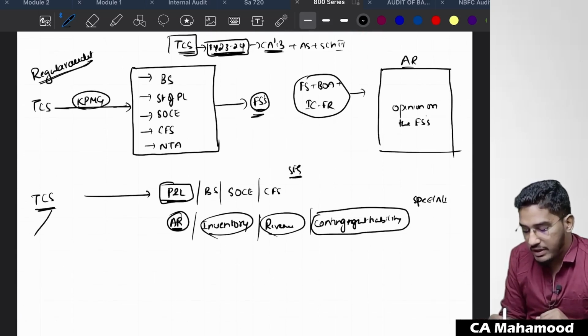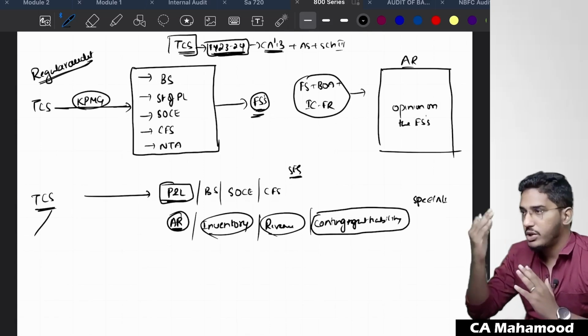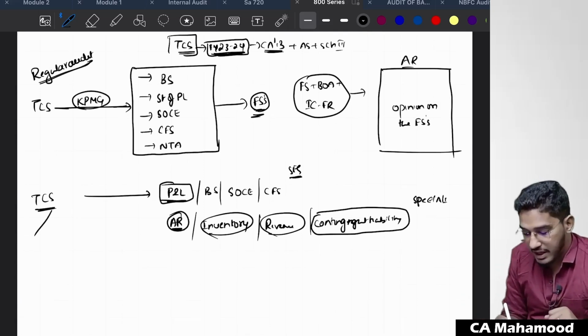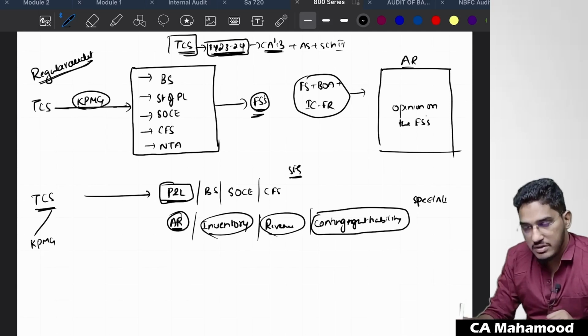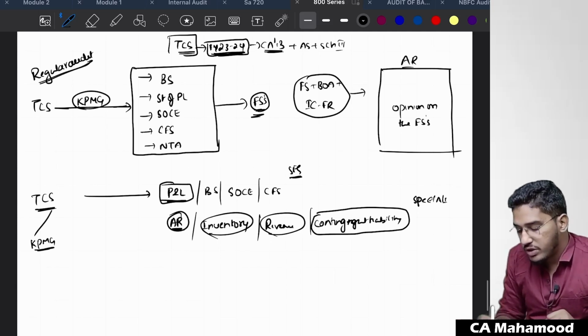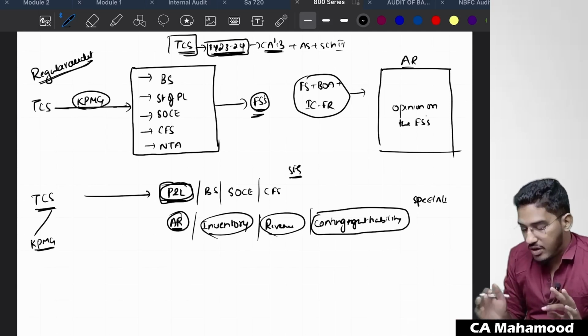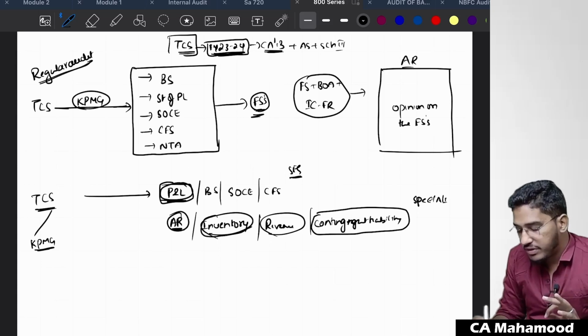Either they can appoint the same auditor who has conducted the audit of the complete set of financial statements. That is, TCS can decide, okay, since KPMG has already done my audit of the complete set of financial statements, let me appoint KPMG only to do the audit of only P&L, or only the audit of inventory.